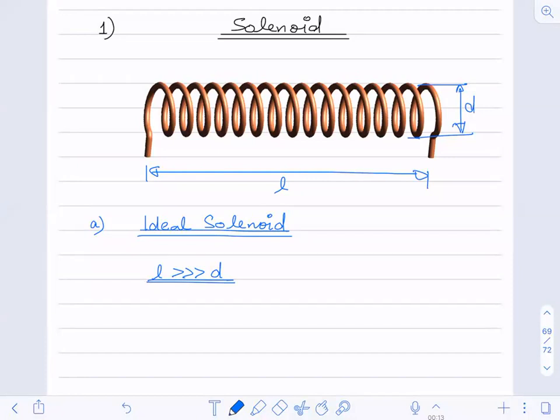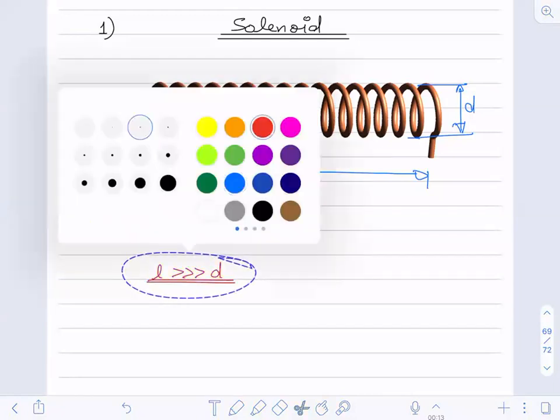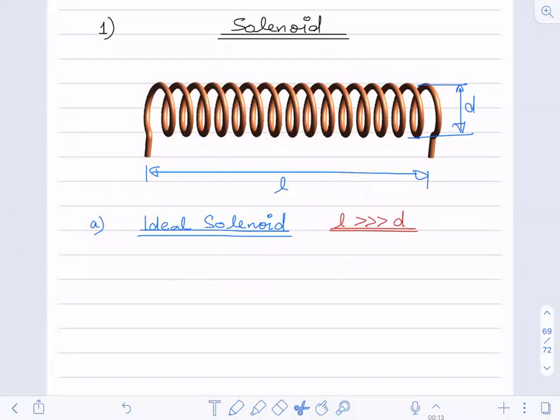I hope this first point is very clear to you. There should not be any doubt about the constraint on the size of the solenoid. Is it okay?